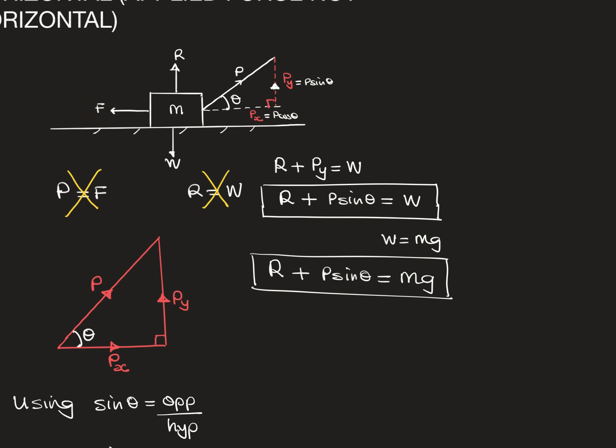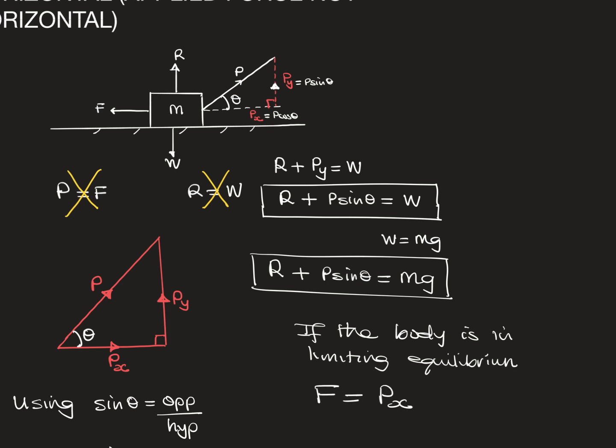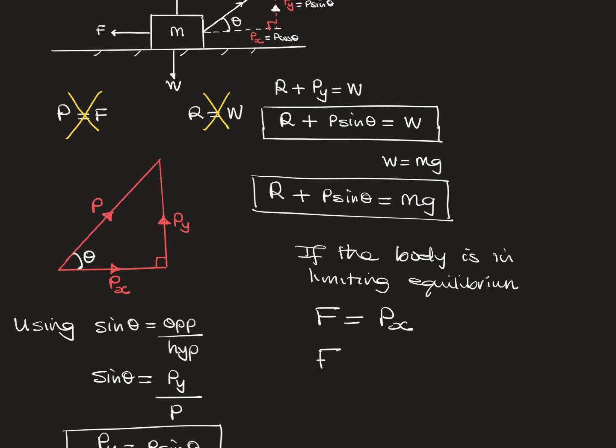Okay, so if the body is in limiting equilibrium, F is equal to Px, and that will be F is equal to P cos theta.